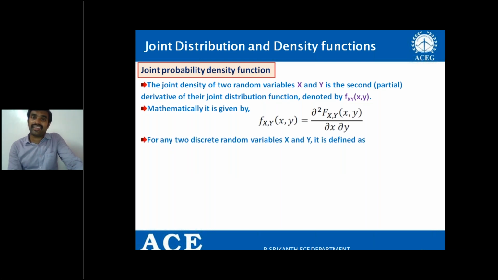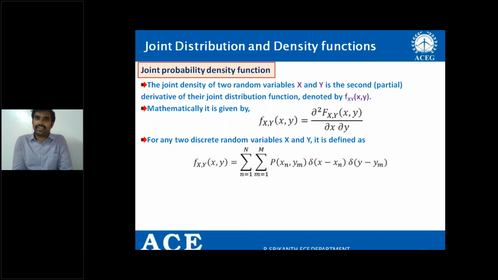If I have discrete random variables, we know how to write the density function for a single discrete random variable: it is a series of impulses. Similarly, here we can take the density function like this.